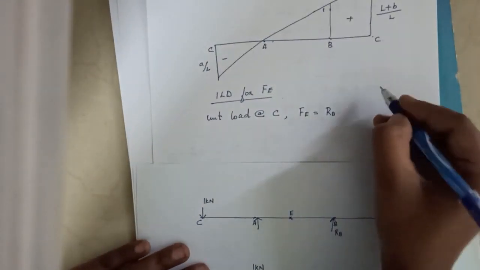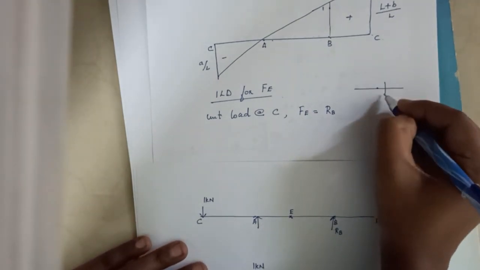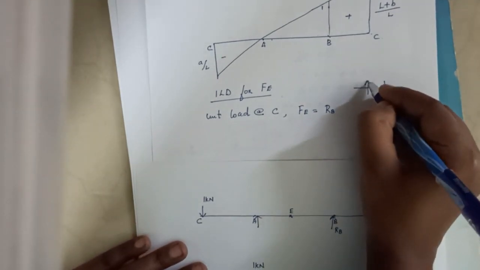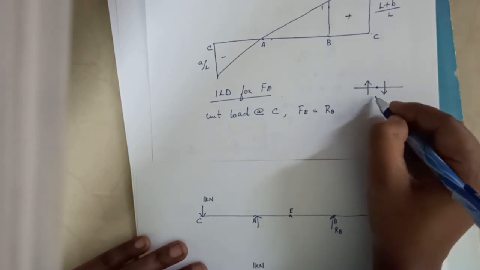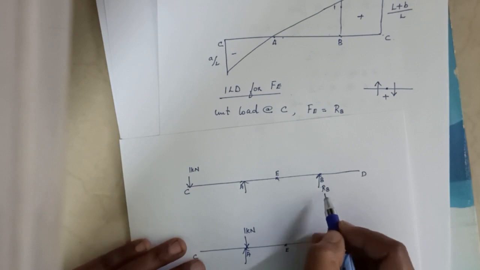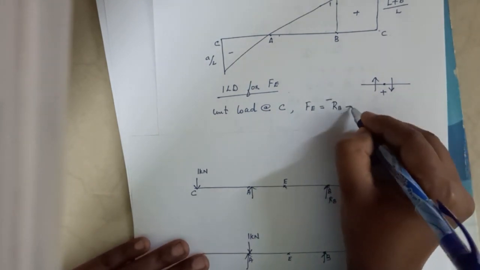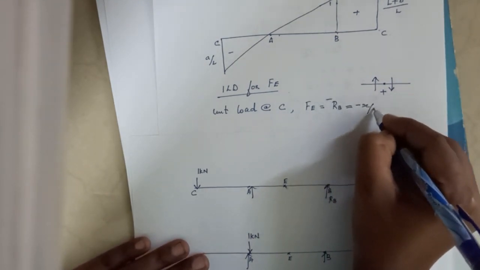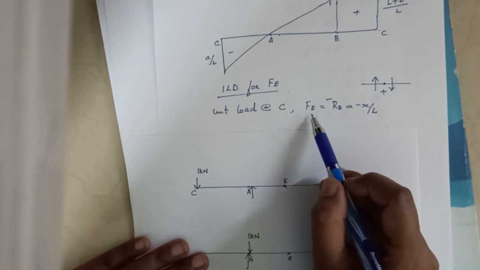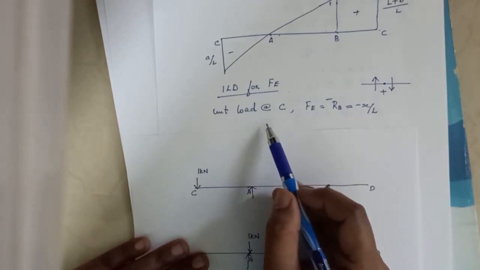What about the sign convention? About the section, right side downward force and the left side upward force will be positive. So here RB value, which is in upward direction, right side of the section, therefore minus value. So minus x by L will be the shear force at E when unit load at C.